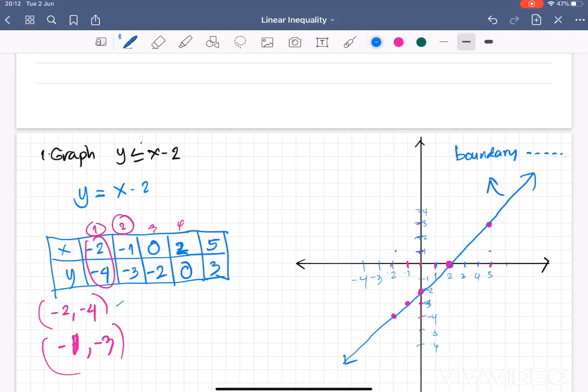If we have a symbol which is less than or equal to, or greater than or equal to, this time we will use a solid line. But if it's just less than or greater than, then we will use a broken line.